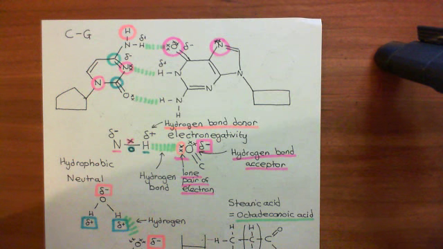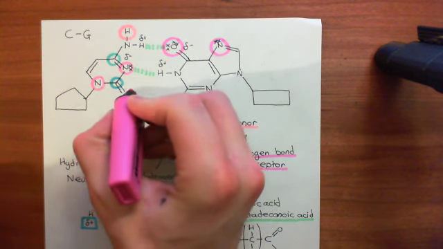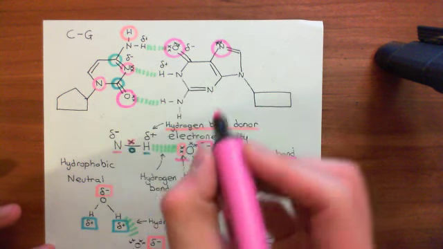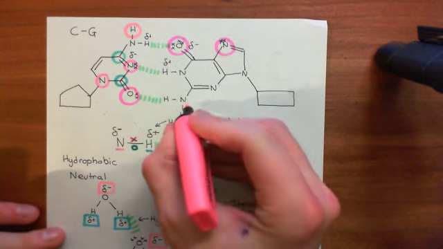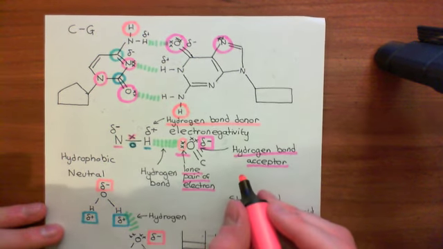On the minor groove, we have a hydrogen bond acceptor here, and then we have another obvious hydrogen bond donor, which is here. Okay, right.